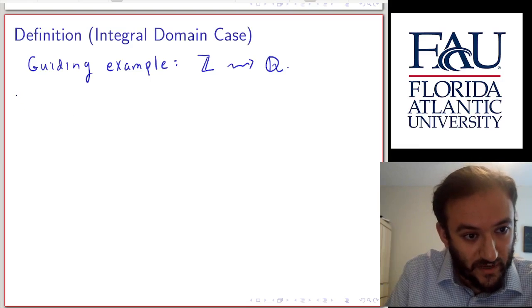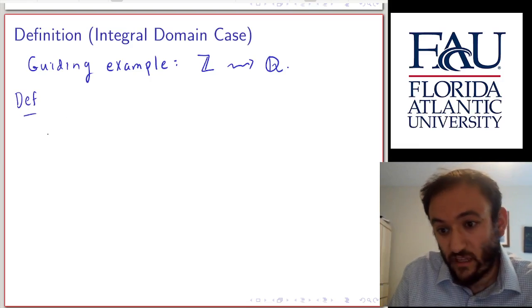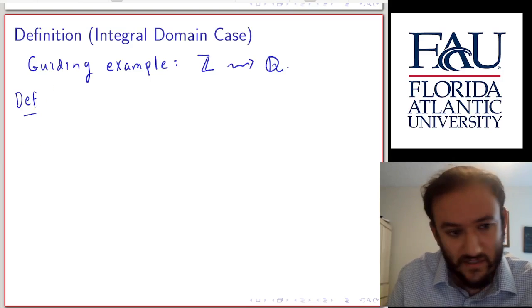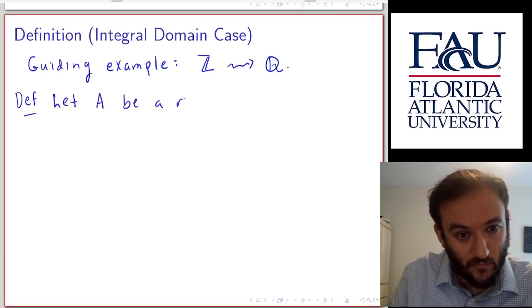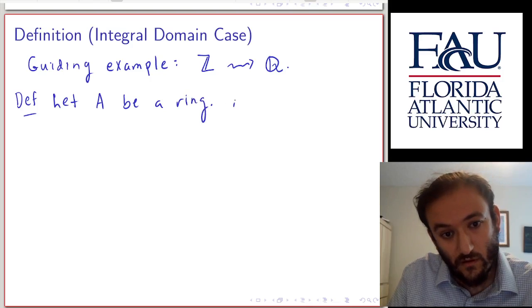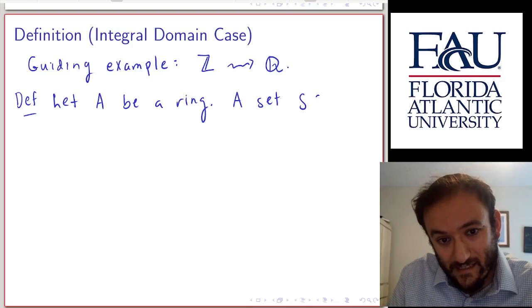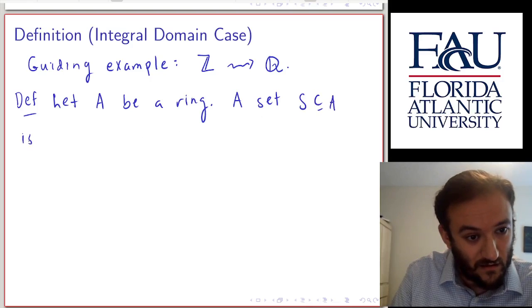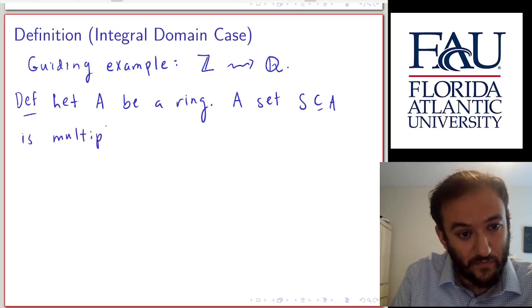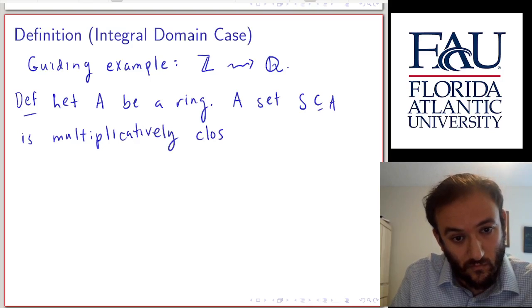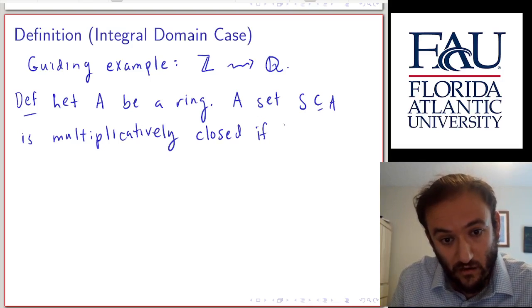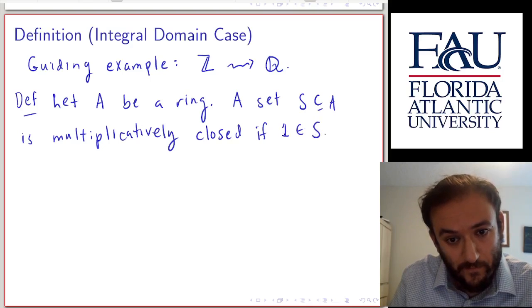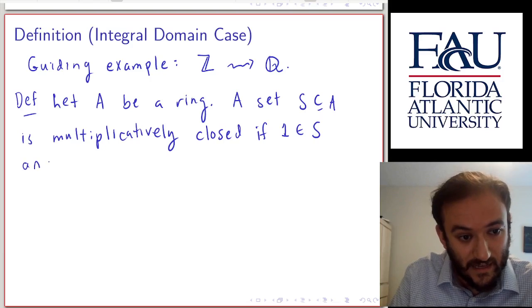So we'll start by defining a multiplicatively closed subset, also called a multiplicative set. Okay, so we'll take a ring A. We say that a set S contained in A is multiplicatively closed if we have the unit, the multiplicative unit, 1 is in S, and the set is closed under multiplication.